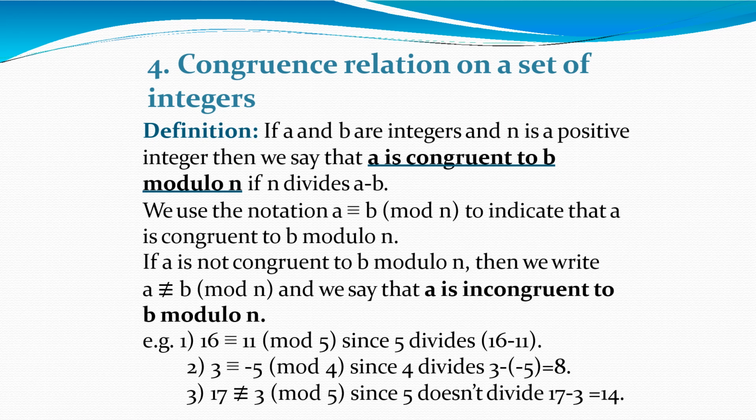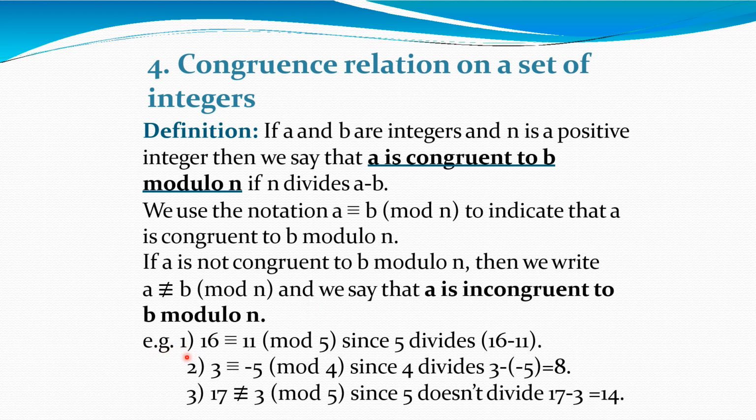So whenever the natural number n is dividing a minus b, then in that case we say that a is congruent to b modulo n. And we write this as a is congruent to b modulo n. Now, whenever a is not congruent to b modulo n, that means n is not dividing a minus b, then we write this as a is not congruent to b modulo n. And we say that a is incongruent to b modulo n.